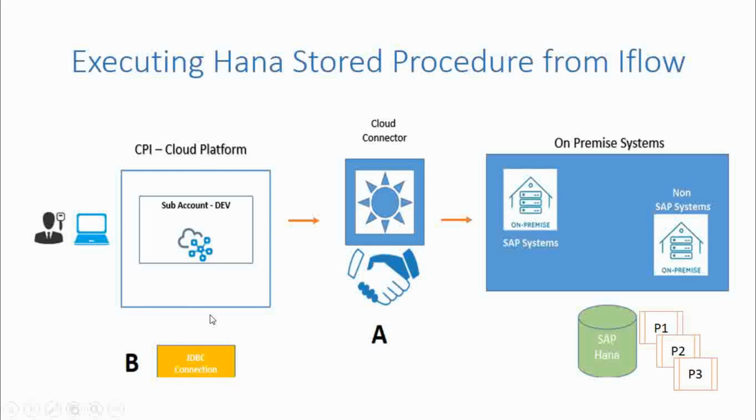The JDBC connection I define here will have a reference to the cloud connector. The cloud connector will use a TCP protocol to connect to the HANA database. So this is the setup. I have already created one video on the JDBC adapter. You can review that for the steps required. So we will be doing the same thing here also.